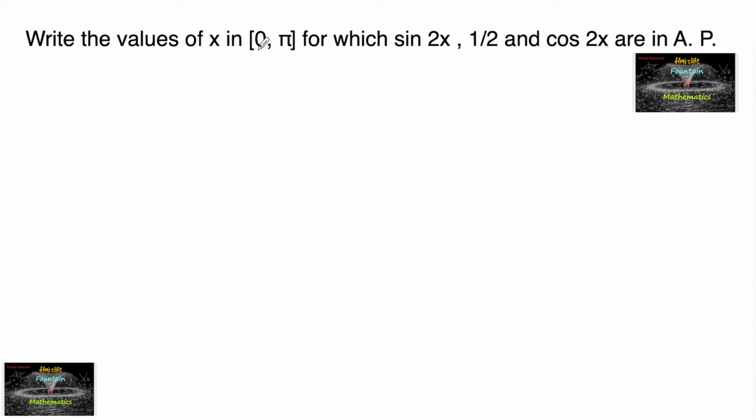Write the values of x in the closed interval 0 to pi for which sin 2x, 1 by 2 and cos 2x are in AP, arithmetic progression.